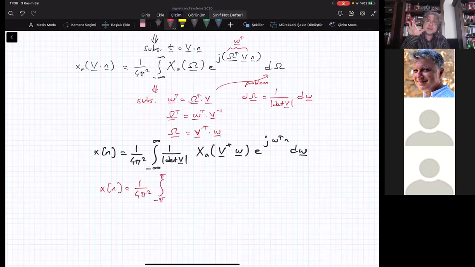If you may remember, in discrete time, the inverse Fourier transform must contain an integral with a duration of 2 pi. And the discrete time Fourier transform, which was like this, okay?